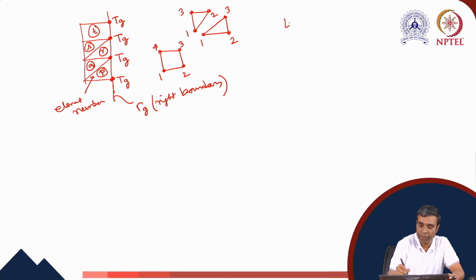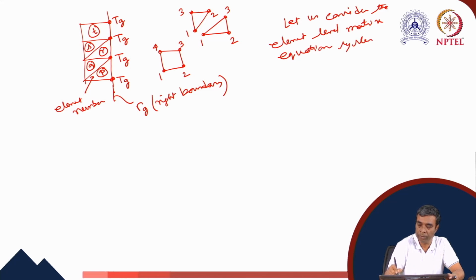Now let us consider the element level matrix equation system. Ke Te equals to Fe or Kije Tje equals to Fie.